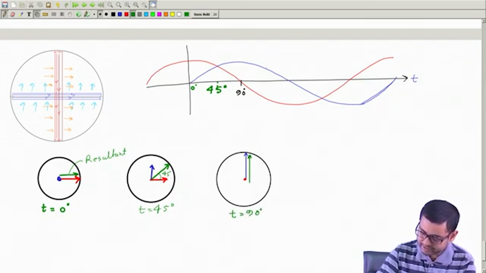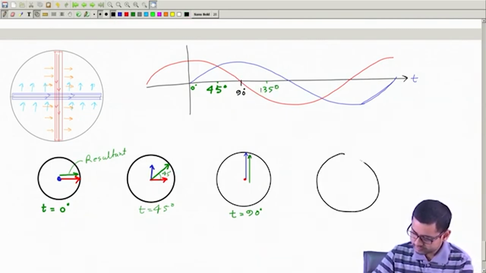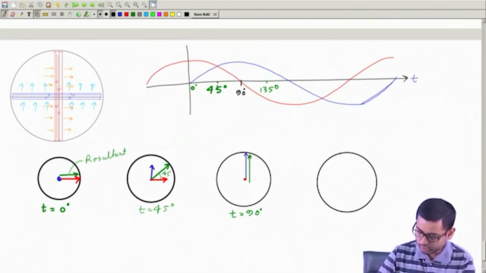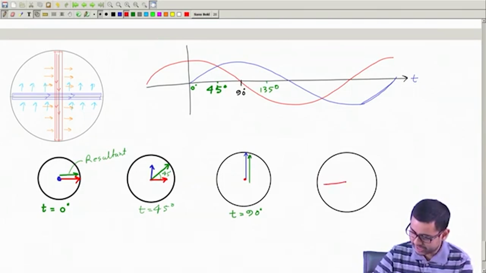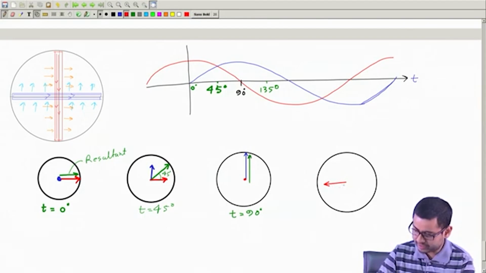Now similarly, say this is 135 degrees. So what do we have? We have the red flux negative, that means now it will be towards the left side, but it's not the peak, it's smaller than the maximum value.